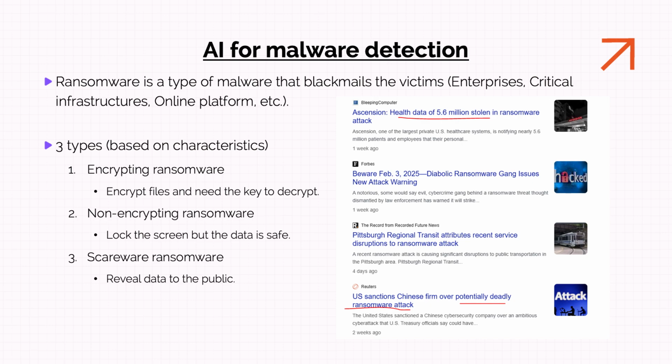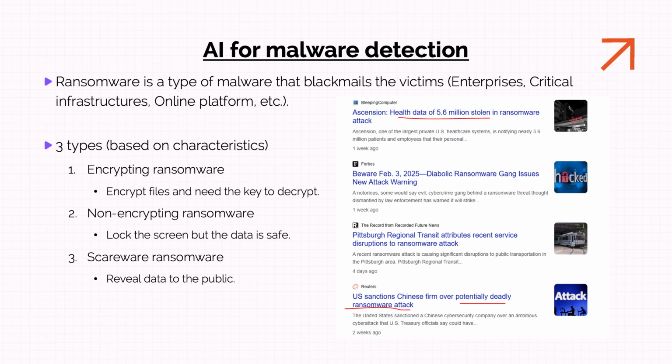So you can see AI for denial of service filtering, and AI for malware detection. Ransomware is very dangerous malware, right? You can see in the news a lot of reports about ransomware, where they try to attack and steal a lot of money.